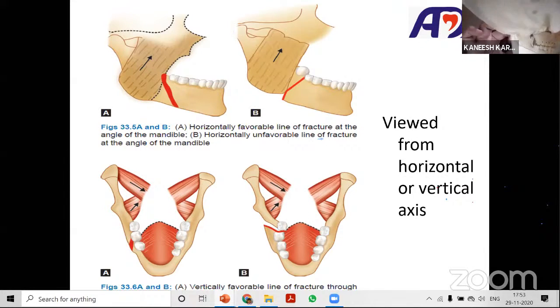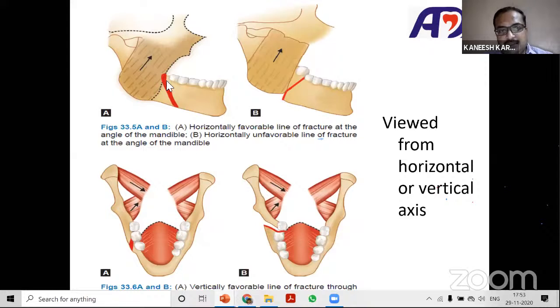You view this in a horizontal plane, like this. When you view it vertically, from top to below, then it is called vertically favorable or unfavorable. Favorable or unfavorable depends on the fracture line extending and the muscle pull.